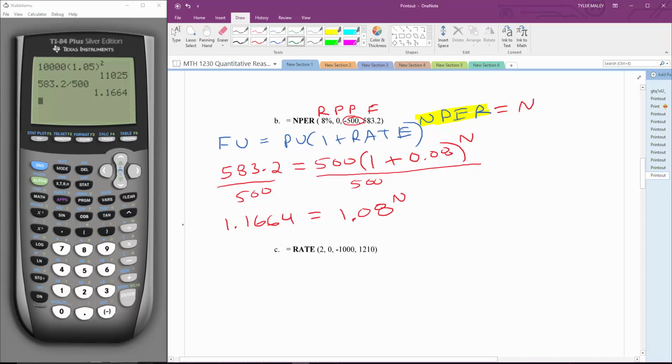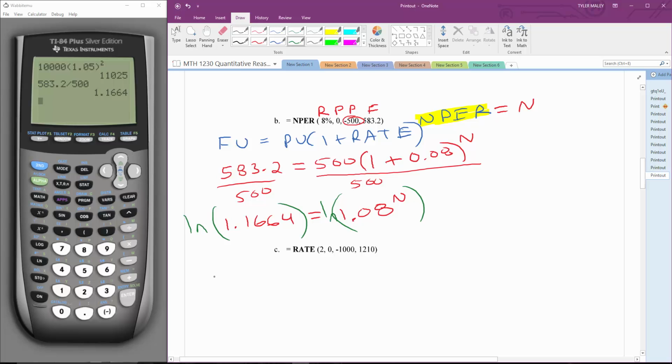So then to solve this, we need to take the log of both sides. I'll take the natural log of both sides, so that I can get this n out of the exponent, right? I can use properties of logs to rewrite this.